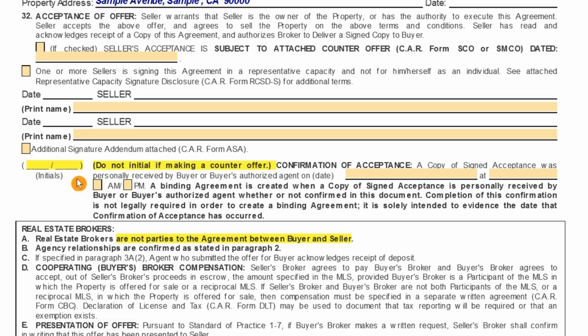And the key thing to note here is that even if this isn't initialed, the binding agreement is created when a copy of the signed acceptance is personally received by the buyer or their authorized agent, whether or not confirmed in this document. This isn't the legal part. The signatures on the contract are what make it legal. But it's a good practice to fill in these initials as well.